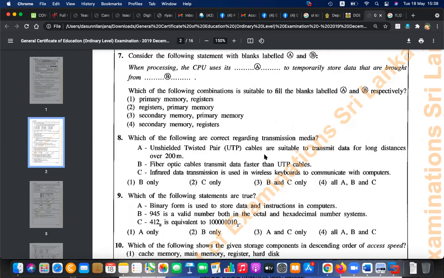Infrared, yes, correct. What else? Anything else?